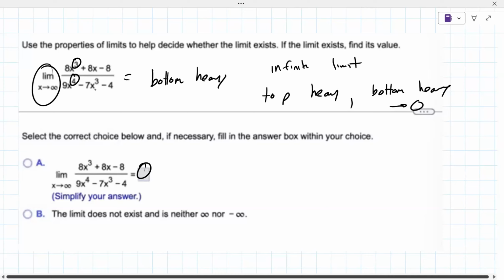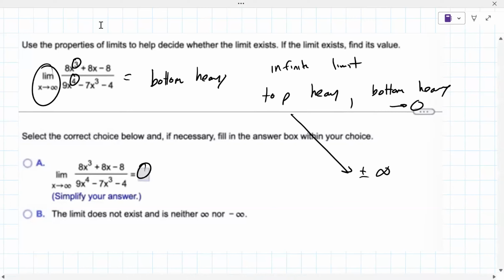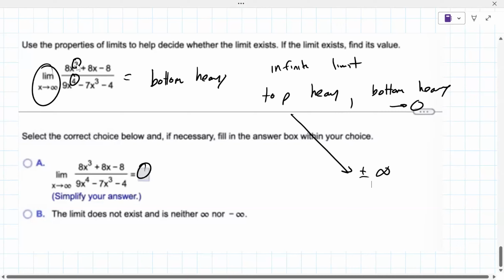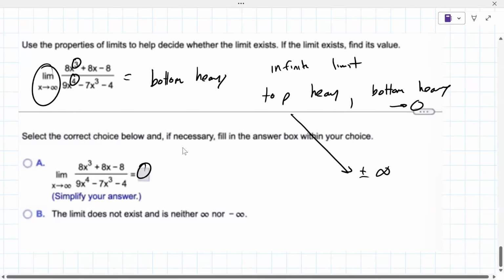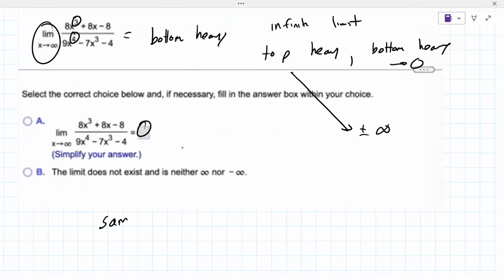Now, if it's top heavy, it goes to plus or minus infinity. And sometimes it's well proportioned, we'll say, top and bottom are the same, and then it's something else. But if it's the same exponent top and bottom, maybe I'll make an example like 15x to the third over 25x cubed.